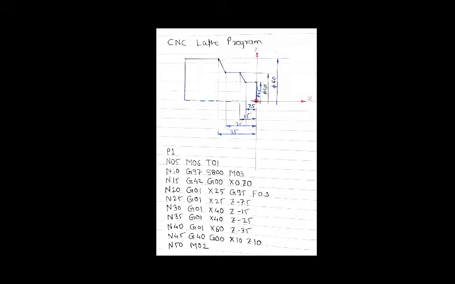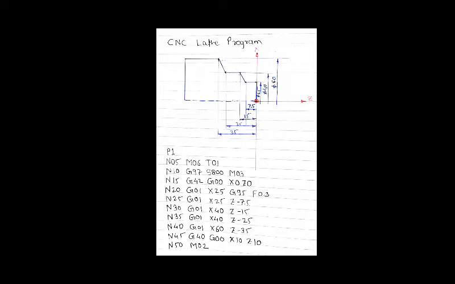Instead of these two coordinates you can write only one also. That means N25, G01, Z minus 7.5, because X remains the same and you are going to just give the Z coordinate. So it depends on you, either give one coordinate or two coordinates at this stage.